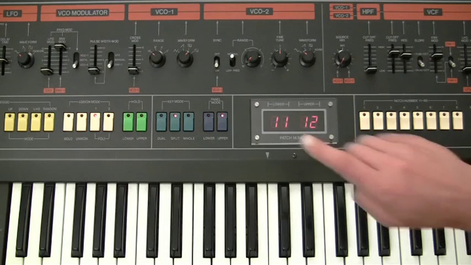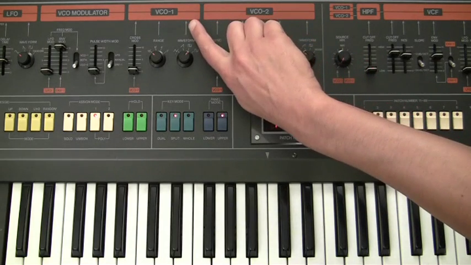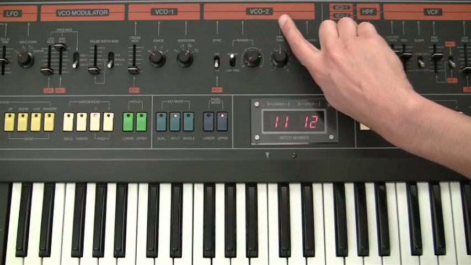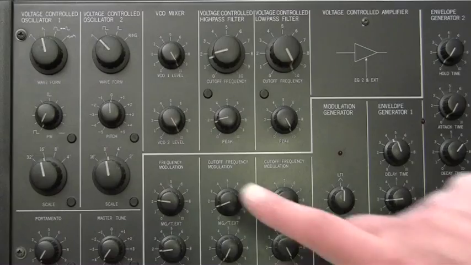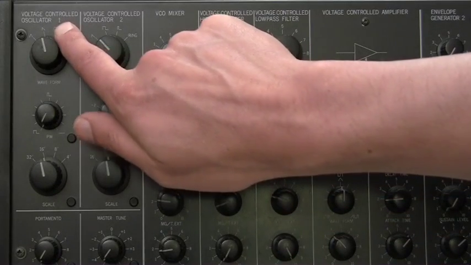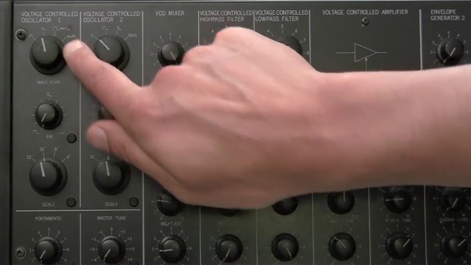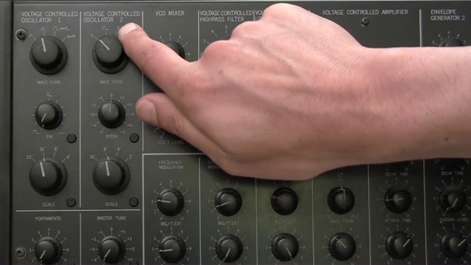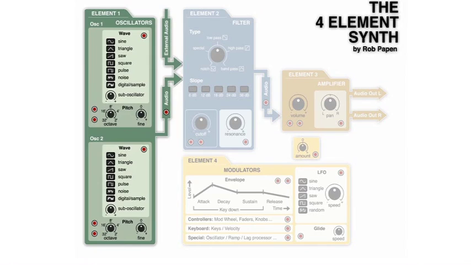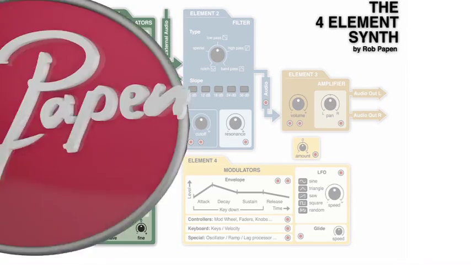On the Jupiter 8 and the Korg MS-20, it's called a voltage-controlled oscillator, or VCO. So the keyword for green element 1 is oscillator.